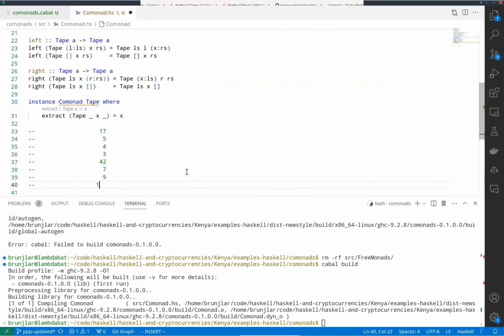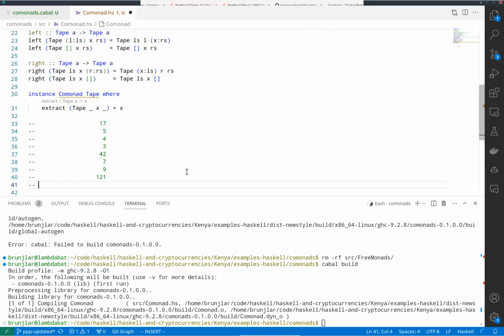The numbers are completely arbitrary, of course. Right, and now this is the focus, the one that we would extract. So when we extract, we get our original tape back. And now this one would have the 3 in focus, so everything is shifted by 1. Like this.